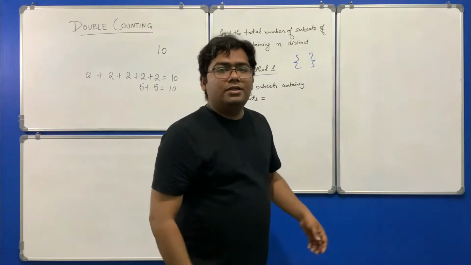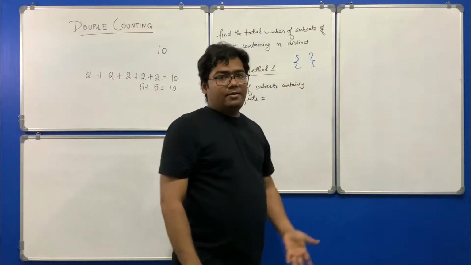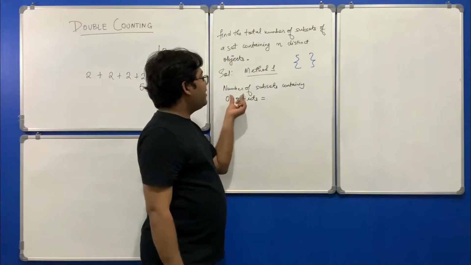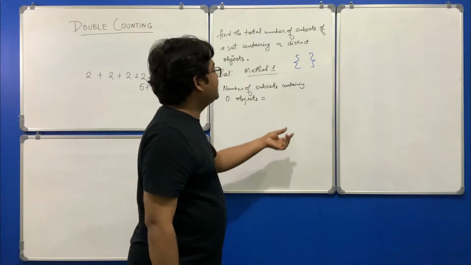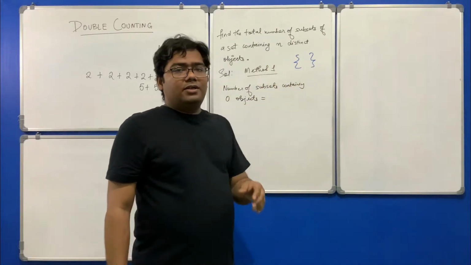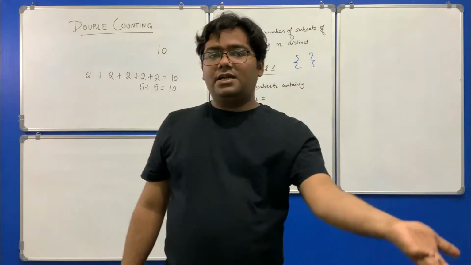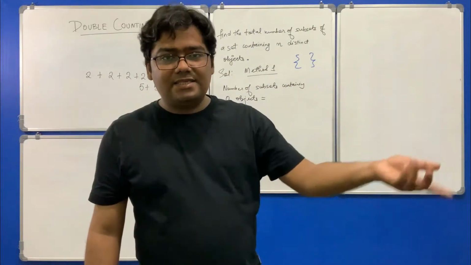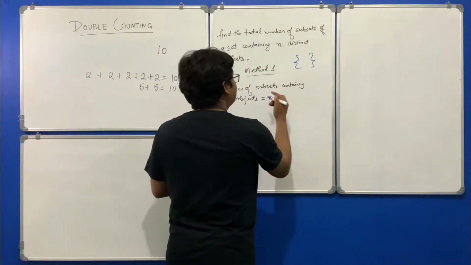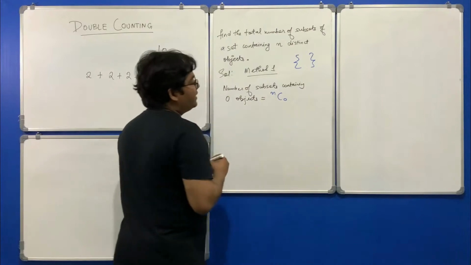If you have to put nothing inside the curly bracket because you want to find the number of subsets containing 0 objects, out of these n objects, nothing comes here. From n objects, you have selected nothing, right? So nC0. So we end up with nC0. Alright.